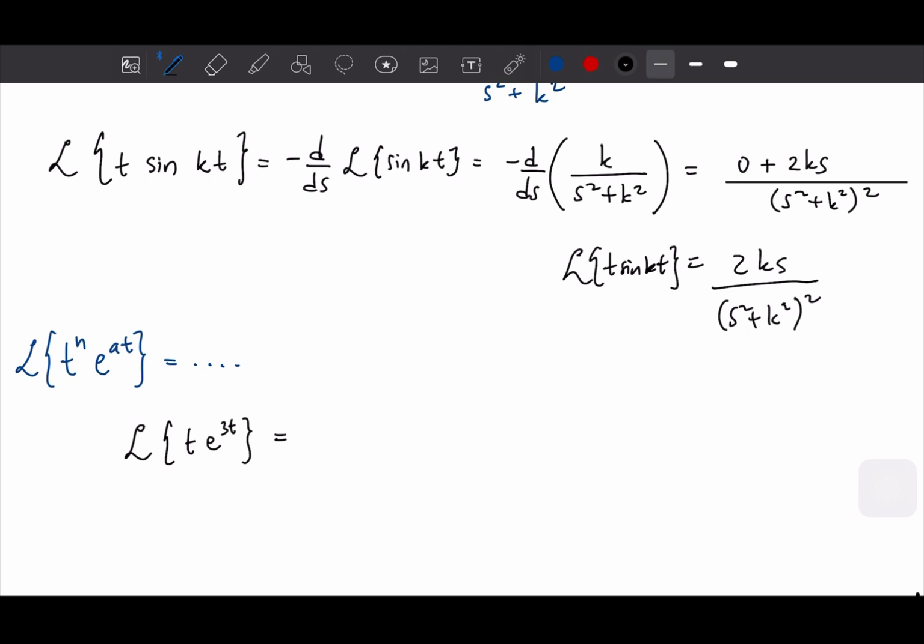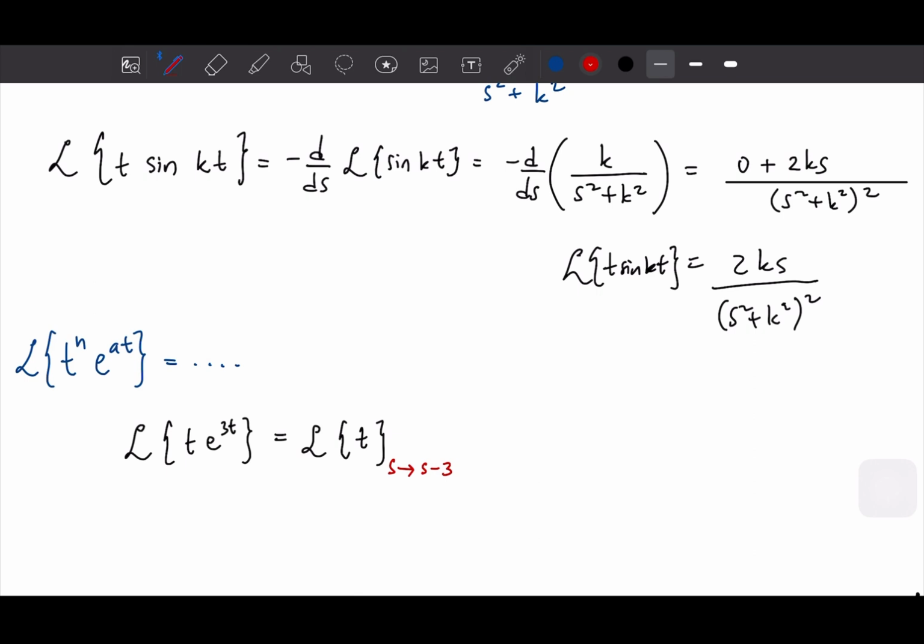Remember, whenever we multiply with e with power of something t, we are going to have a shifted, or translations. So this is actually Laplace of t, and then we shift it from s to s minus 3 according to this a here.